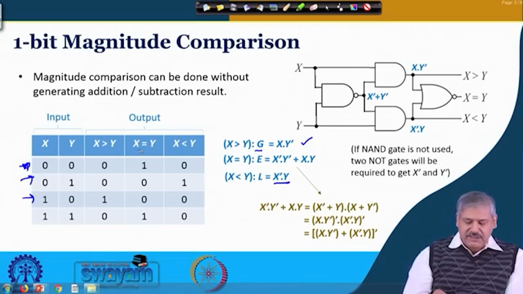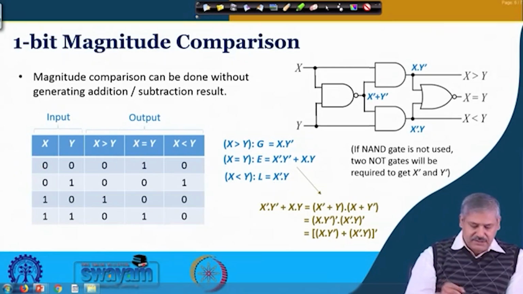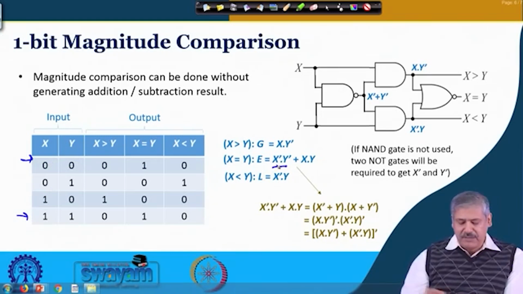And finally, x is equal to y is occurring for the other two cases, x and y both 0, that is x prime y prime, and x and y both 1, that is x y. So, you sum them up, you get the final expression. So, this is the basic logic by which you can get 1-bit comparison done.